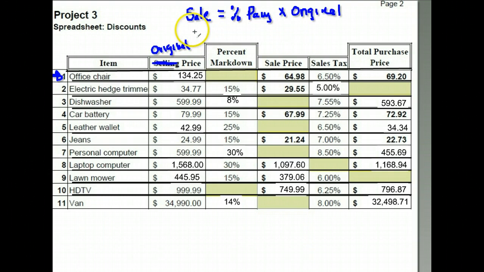Okay, so right here we know $64.98 is the sale price of this item. We don't know our percent we paid. I'm going to put our percent right there, but we do know the original price was $134.25.